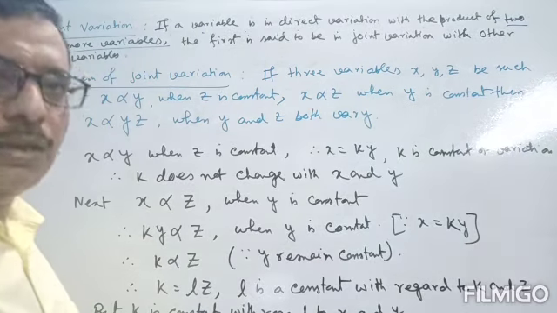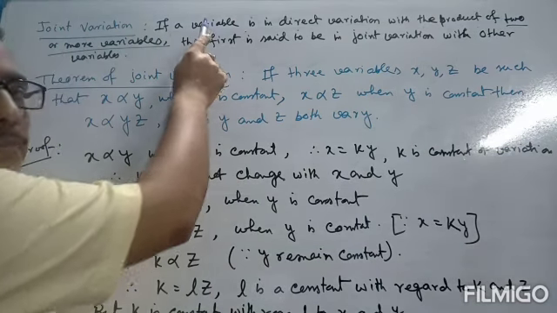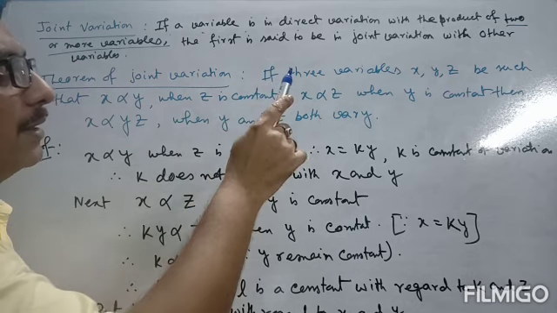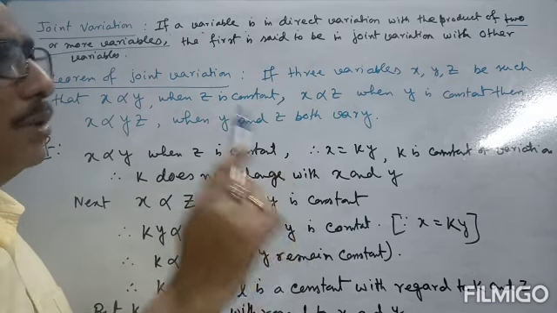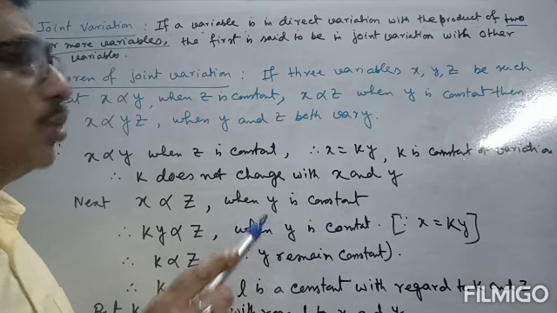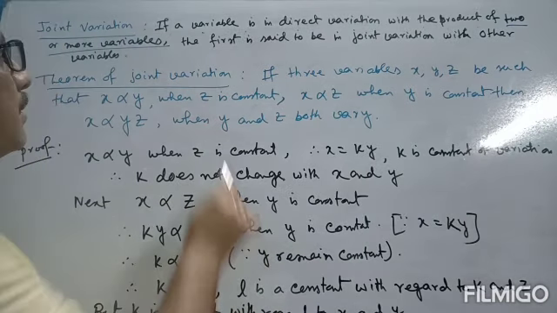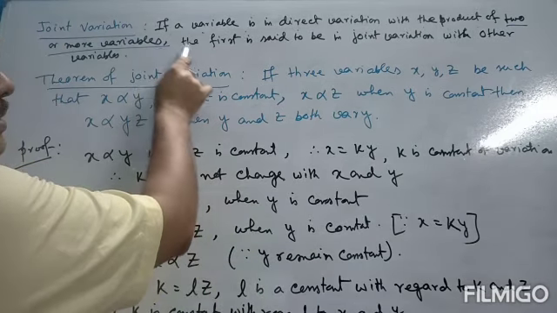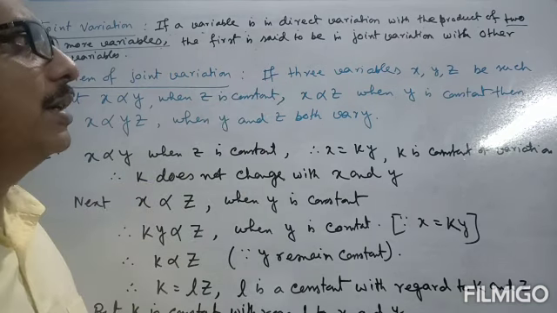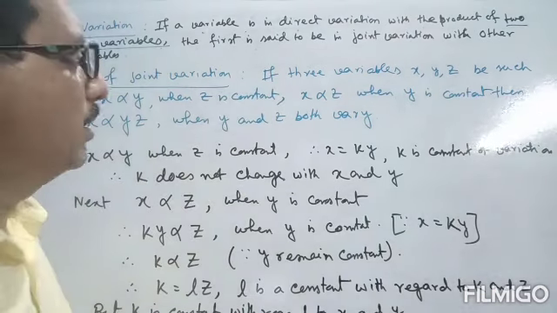I repeat once again. If a variable is in direct variation with the product of two or more variables, the first is said to be in joint variation with the others.